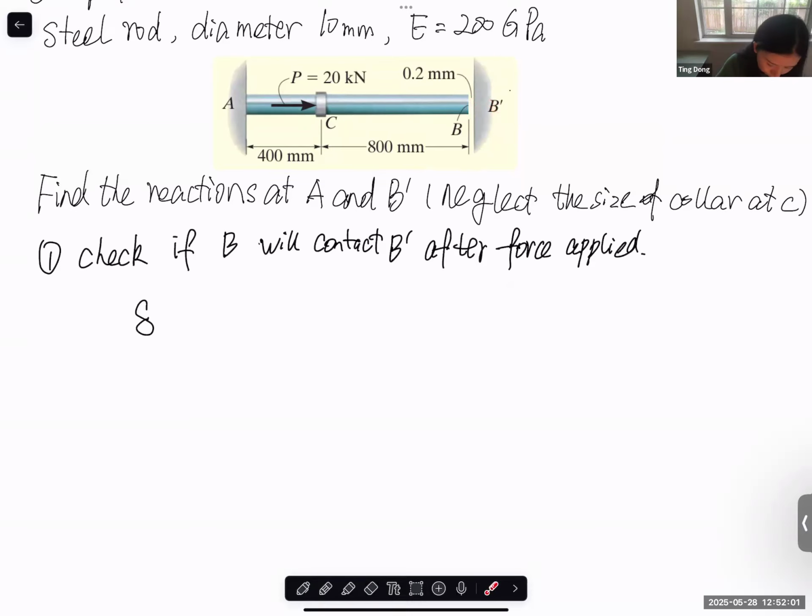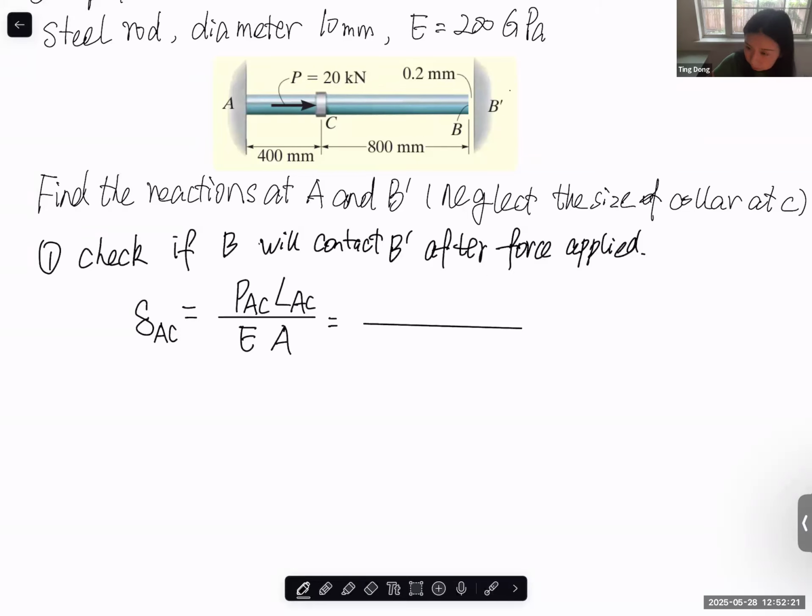If it's free elongation, what is the elongation? So the elongation of the AC section is equal to P_AC L_AC over E, Young's modulus, times cross-section area. What P_AC should we use for calculation? Just P. Yes, thank you. So it's simply 20 kilonewton.